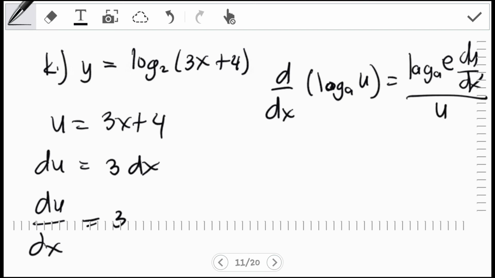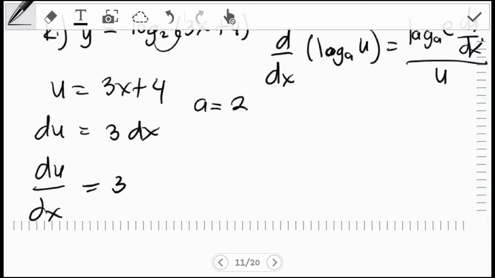Take note, where a is the base, that is 2, and u is 3x plus 4. So substitute.